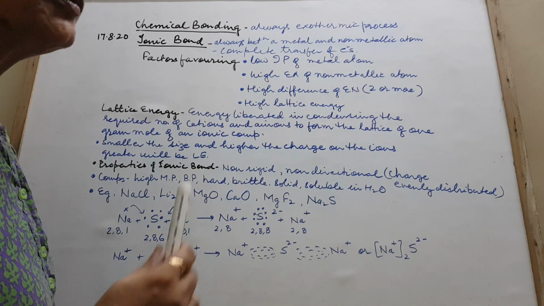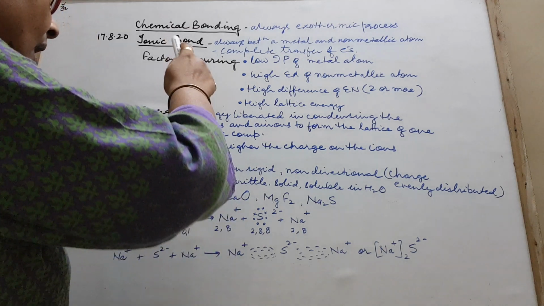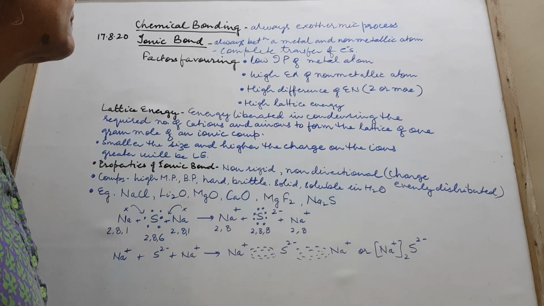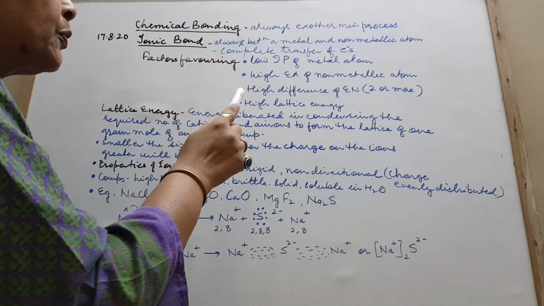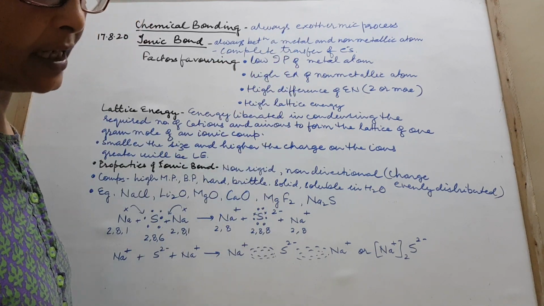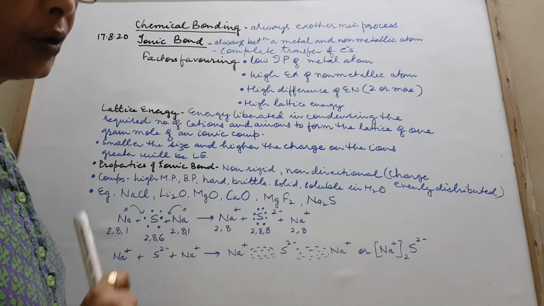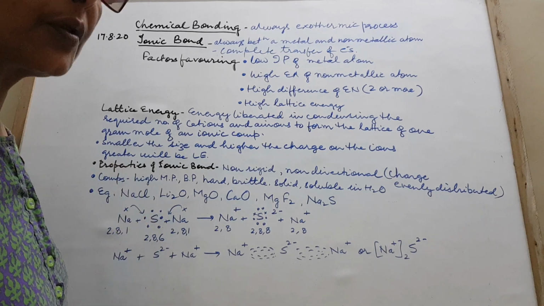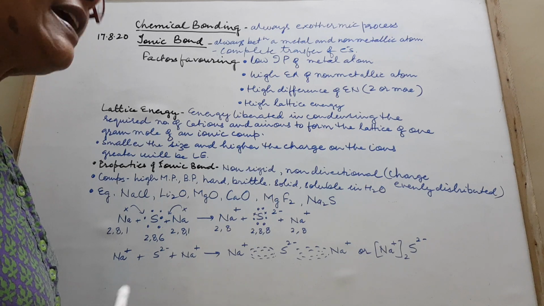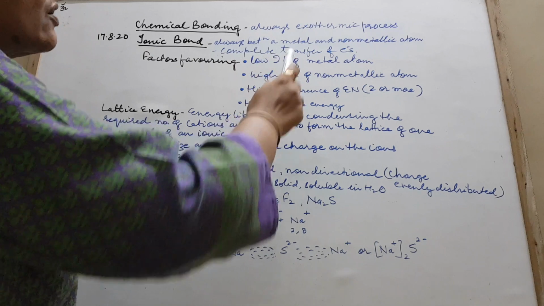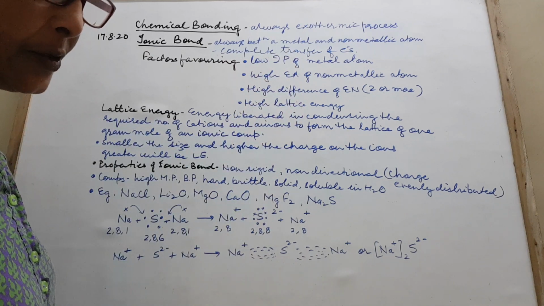Now children, the first bond we will take up is the ionic bond. Some idea you have already for this. Now, first point, it is always formed between a metal and a non-metallic atom. I hope you all know this also. Number two, during this process, complete transfer of electrons takes place.